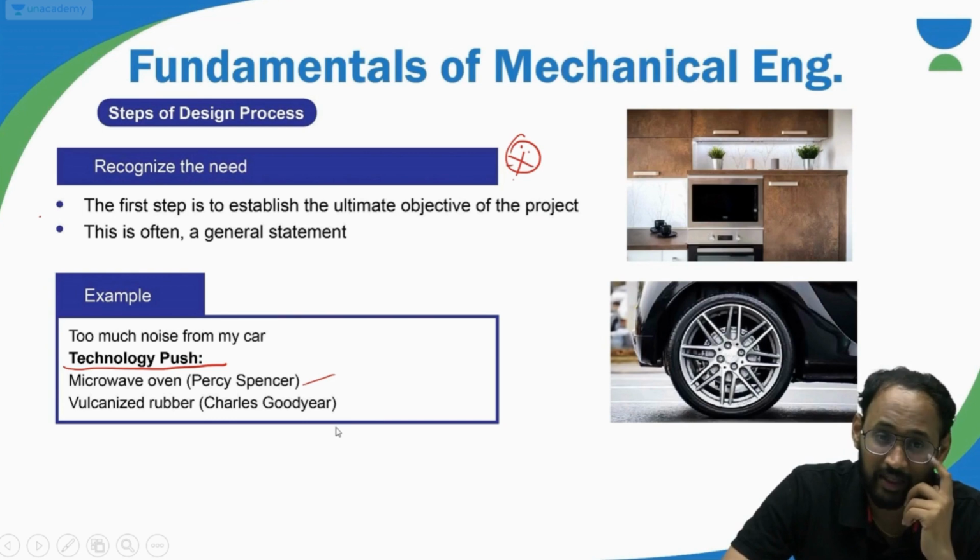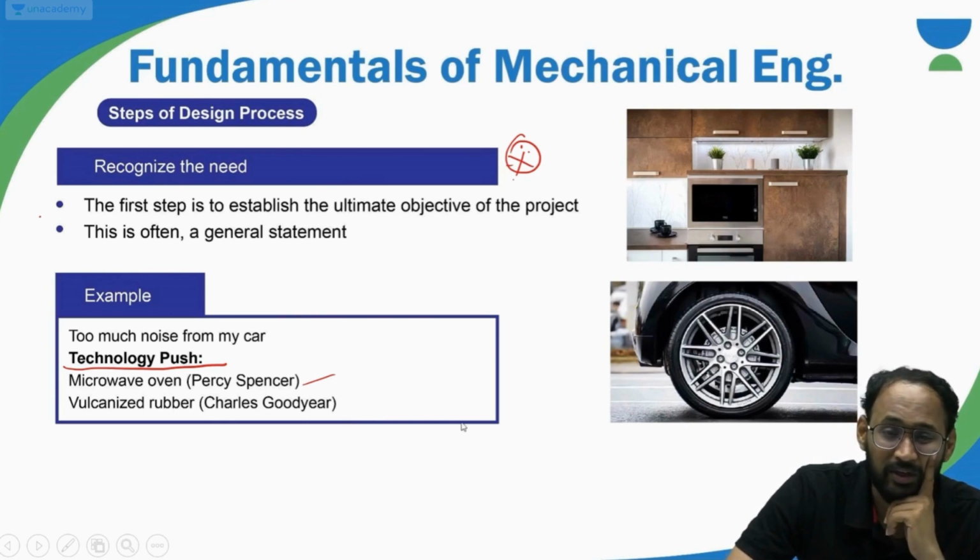I think vulcanization of rubber, this invention by Charles Goodyear, was very critical for the advancements in the tire industry. And now we are talking about a lot of patterns of tires, tubeless tires, and a lot of things, right? But the invention of this vulcanized rubber process gave that technology push for tires.